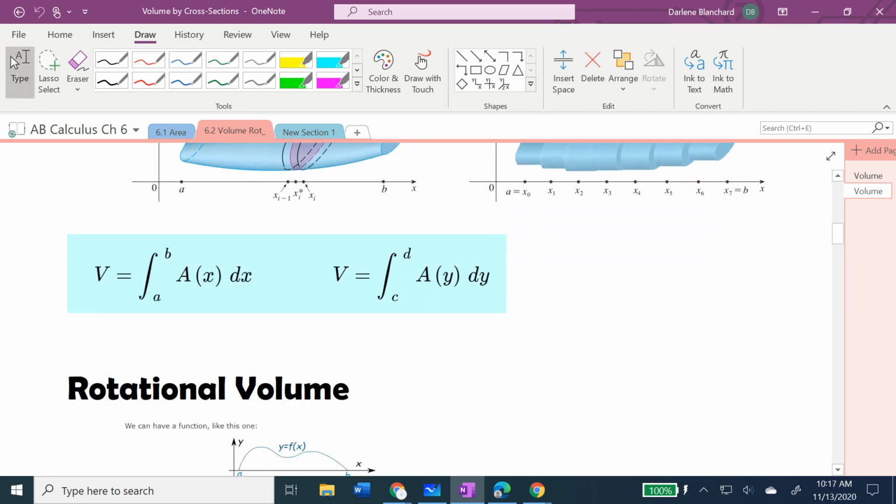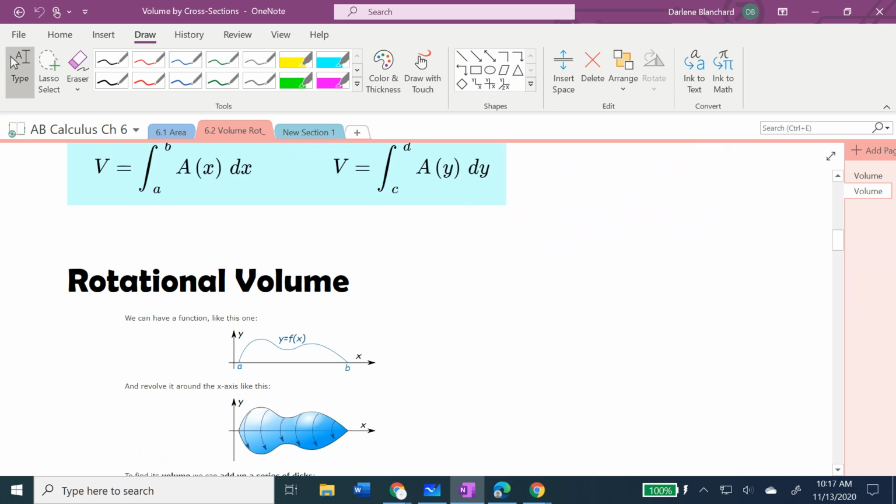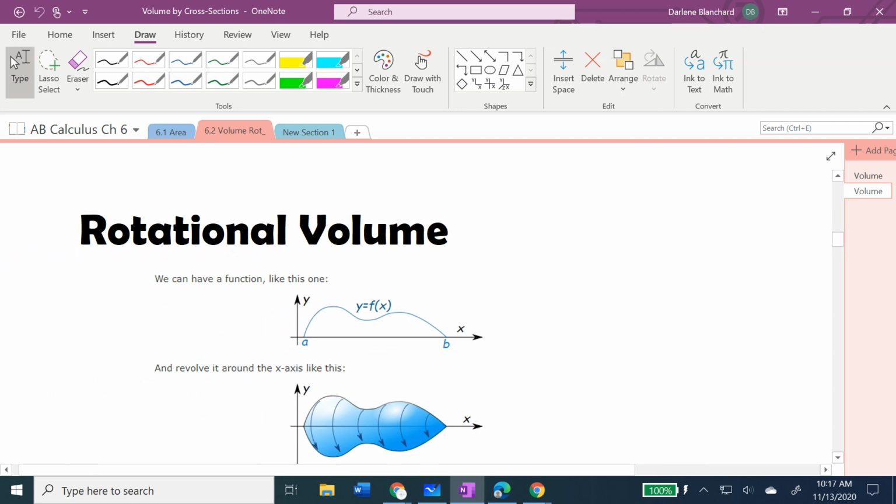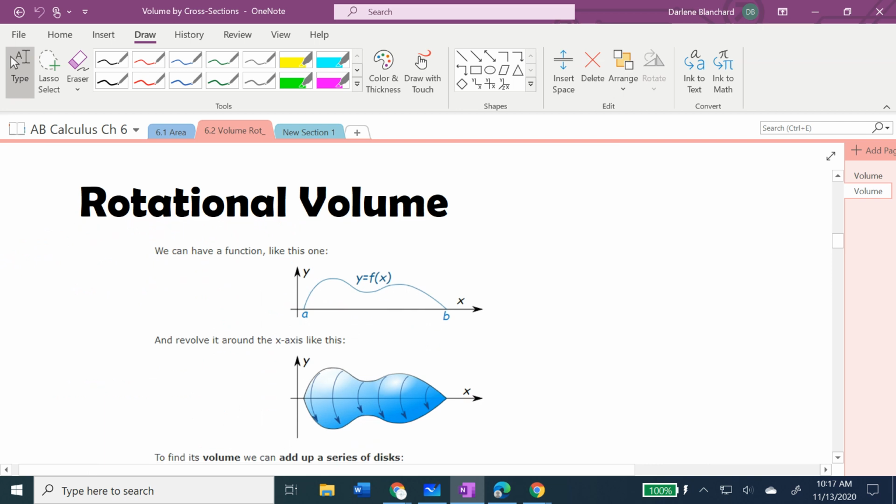Today we are going to do rotational volume. And I have found a variety of things on the internet. Here's one thing. Basically, you have some f of x function from A to B, and you're looking at the region between that function and the x-axis and rotating that whole region around the x-axis.